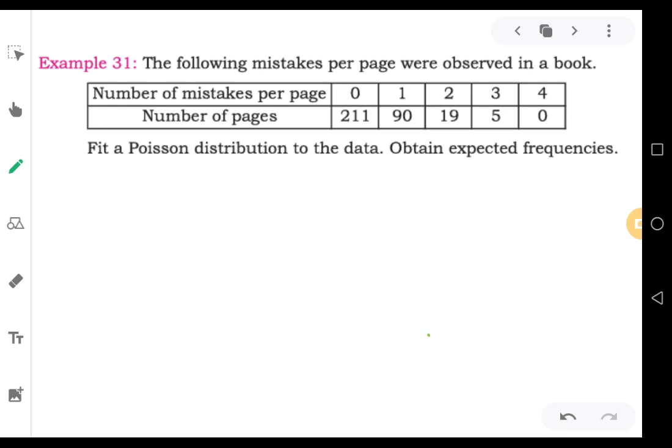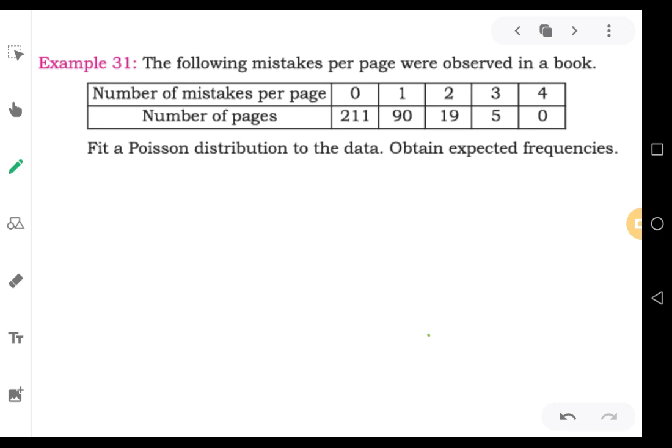See, the question looks like something in the form of a frequency distribution table, like the question 1 you are looking at on the screen. The following mistakes per page were observed in a book. So the data provided to us in this table is relating to the number of mistakes per page observed in a book.